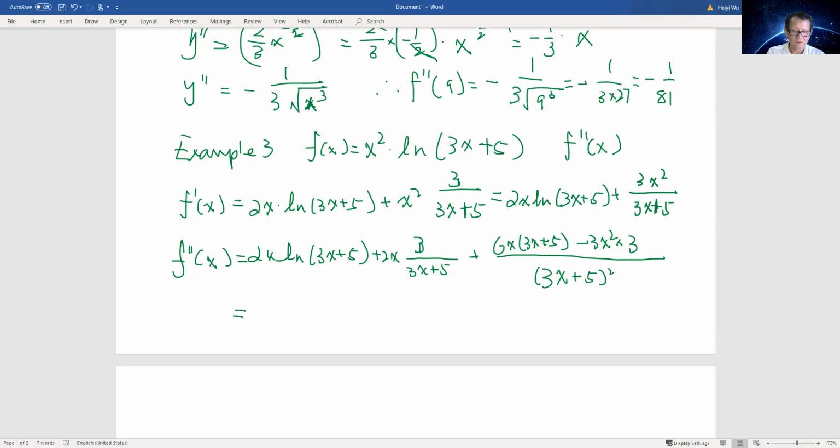So it'll be 2 log of 3x plus 5 plus 6x divided by 3x plus 5, and plus, expanding brackets, 18x squared plus 30x minus 9x squared, divided by that.